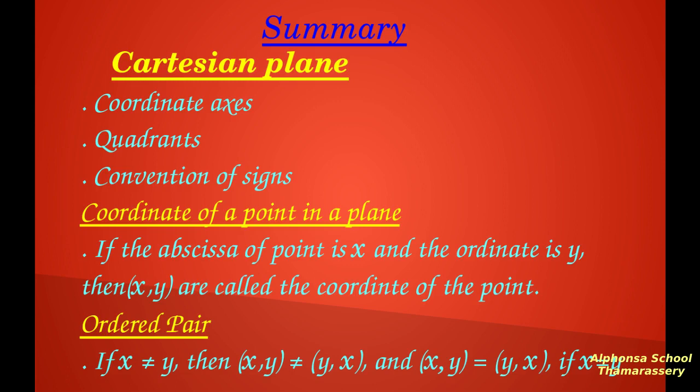If x is not equal to y, then the position of (x, y) in the Cartesian plane is different from the position of (y, x). So the ordered pair (x, y) is not equal to the ordered pair (y, x). And the ordered pair (x, y) is equal to the ordered pair (y, x) if x is equal to y.